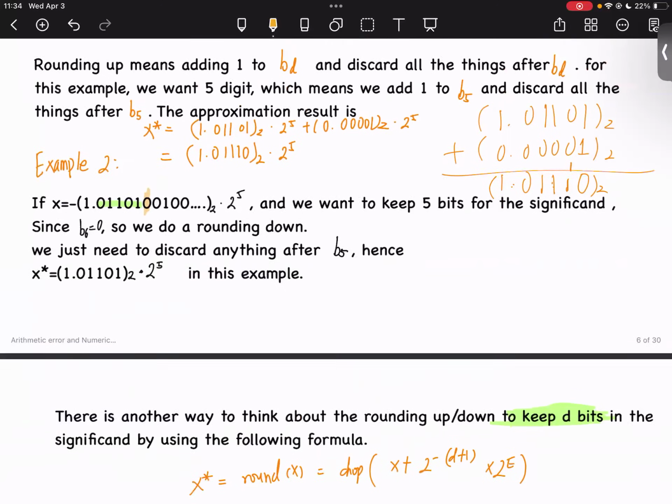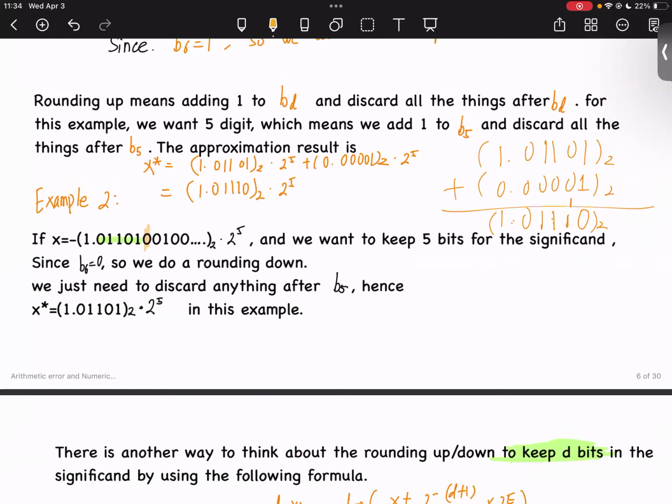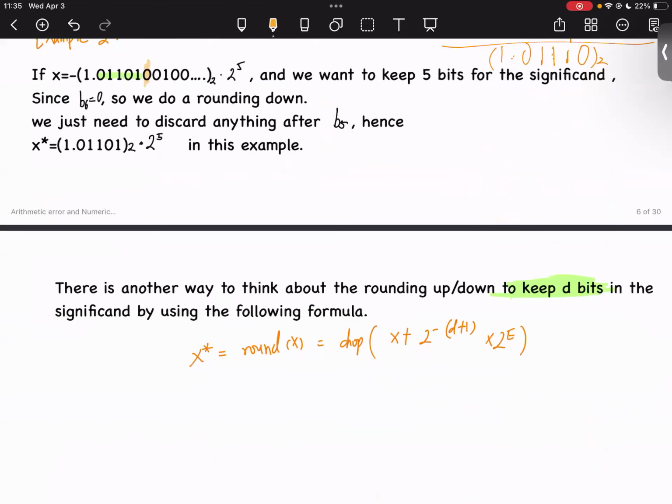That is just the d plus 1 bit number, in base 10 representation, times the significant, and then chop all the things off up to the d bits place. This is one formula to think about rounding up and rounding down.